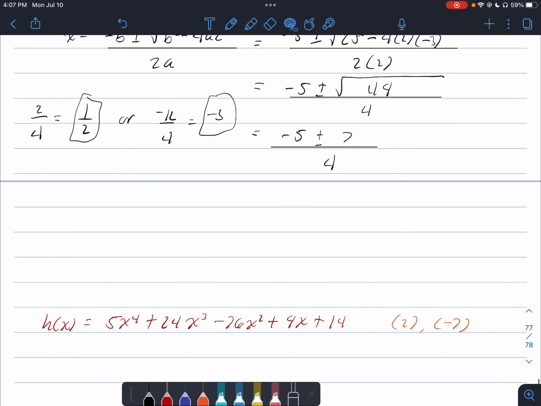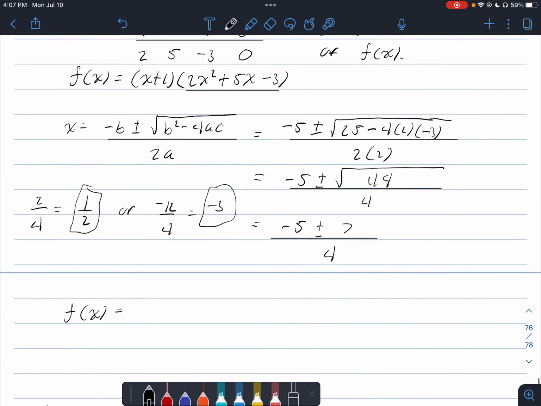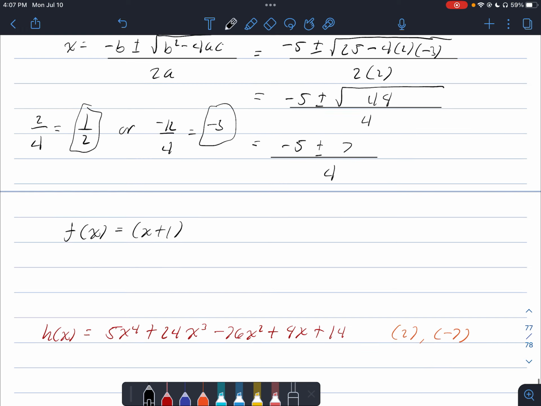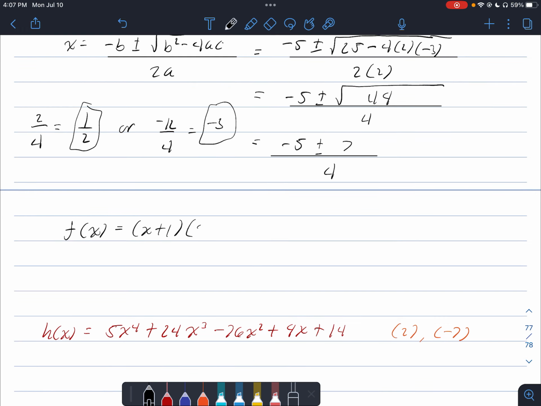Okay, so if 1/2 is a 0, that means we can write f of x as x plus 1. That was from our first synthetic division. x plus 1 times x minus 1/2, because 1/2 is a 0, times x plus 3, because negative 3 is a 0.